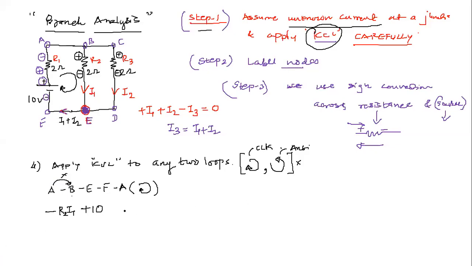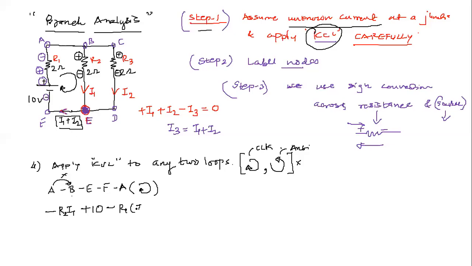So this will be minus R1 into bracket. What is the current flowing? See, this current is flowing, right? I1 plus I2.